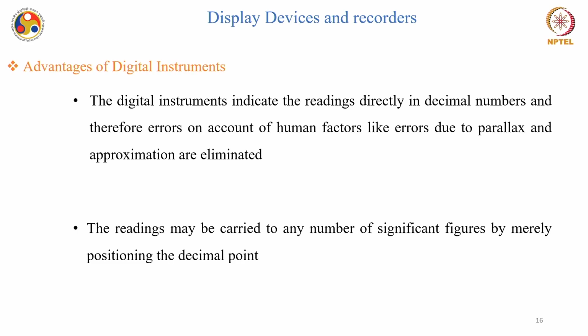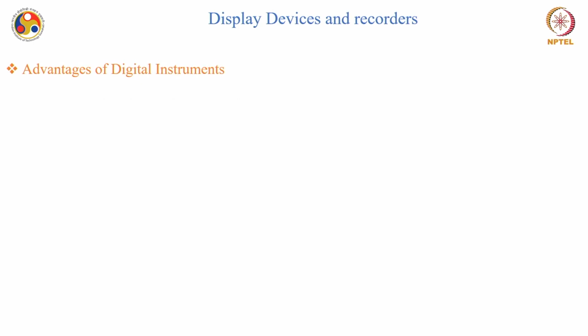There are several advantages posed by these digital instruments. The digital instruments indicate the readings directly in decimal numbers, and therefore errors on account of human factors like error due to parallax and approximation are eliminated. The readings may be carried to any number of significant figures by merely positioning the decimal point.